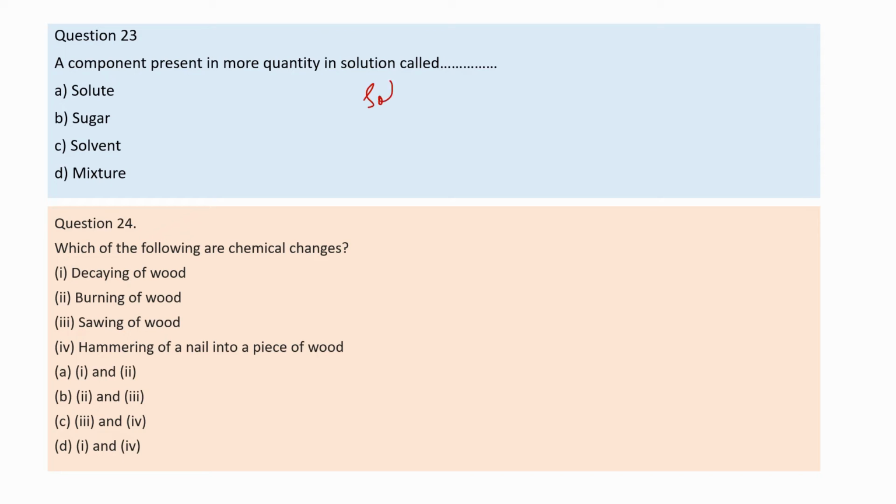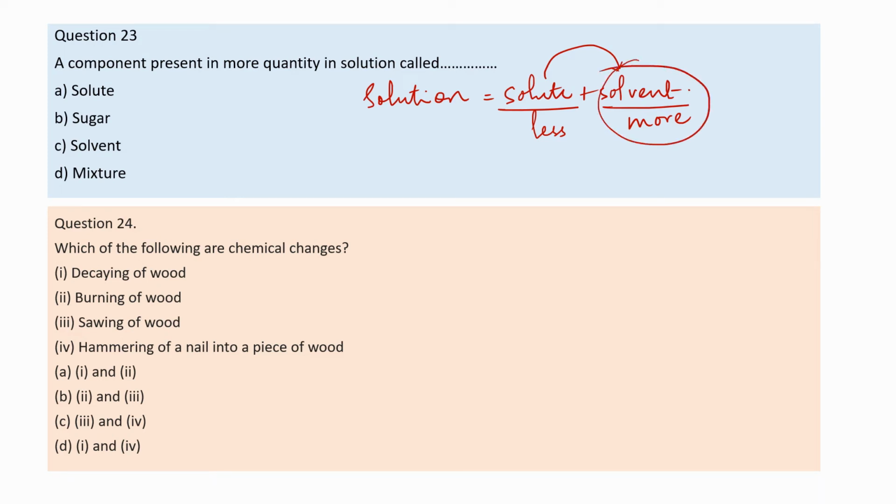Now as we discussed, solution is made up of solute and solvent, in which solvent is liquid and the quantity of solvent will be more compared to solute. Solute will be less and it will get dissolved into the solvent. So let us check the question again. A component present in more quantity in solution. So more quantity of solvent will be present in the solution.